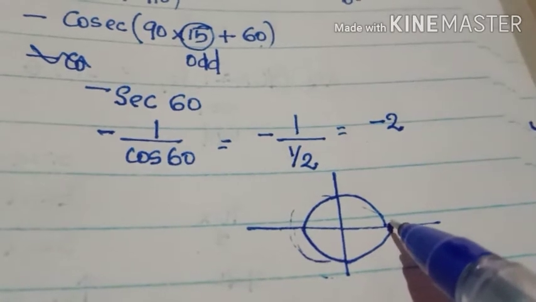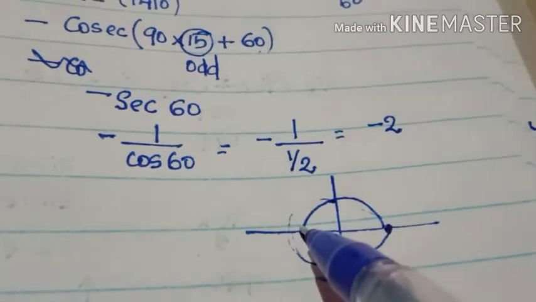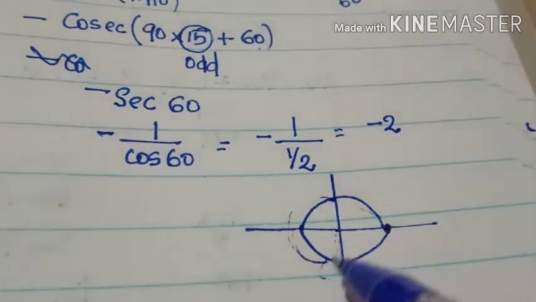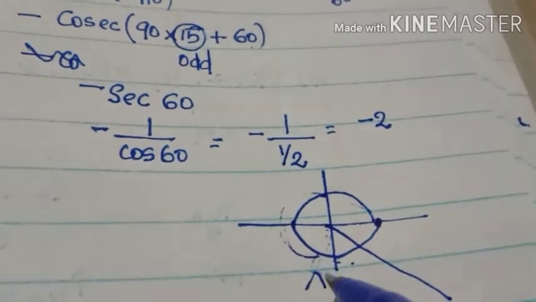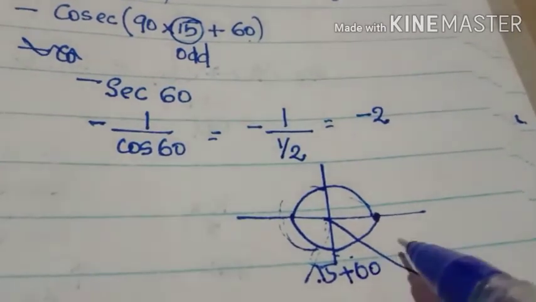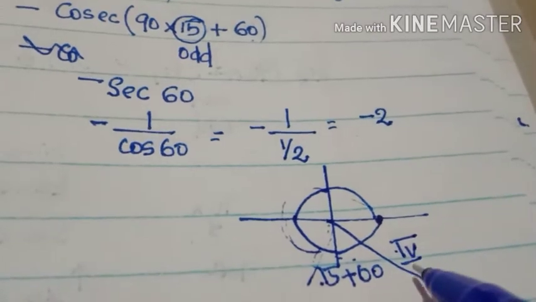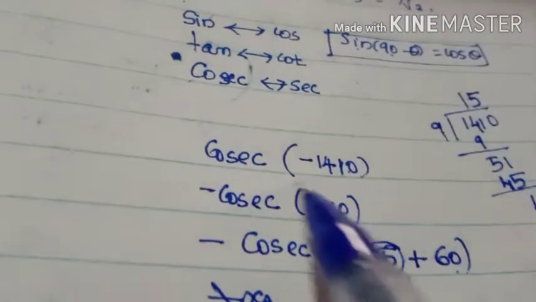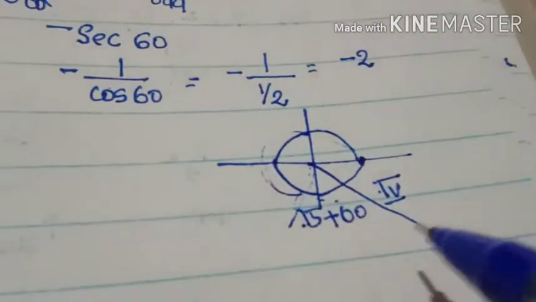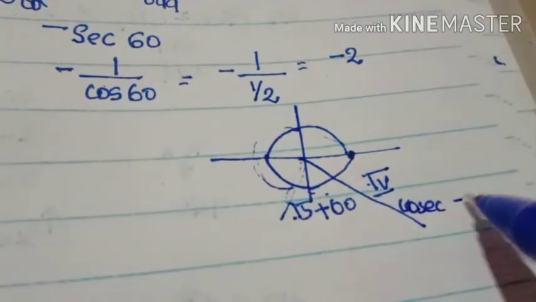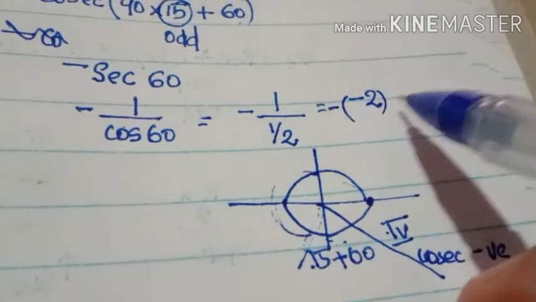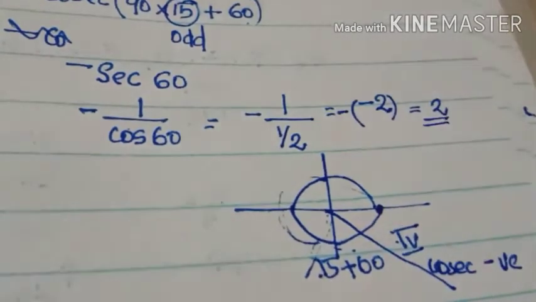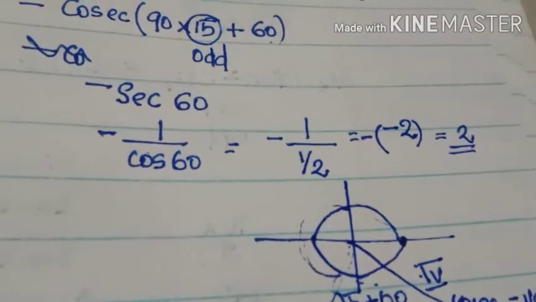So let's start. 12, 13, 14, 15. This is 15. Plus means it occupies this quadrant. Up to this 15 plus 60 belongs to the fourth quadrant. In the fourth quadrant, listen, our original function, don't take this cos, our original function cosec is negative. Okay, cosec is negative. So our answer becomes negative of negative 2. Let's see, the answer is 2. Okay.